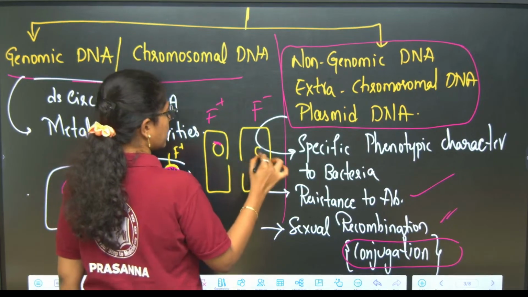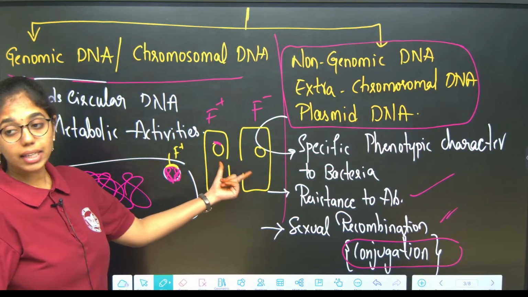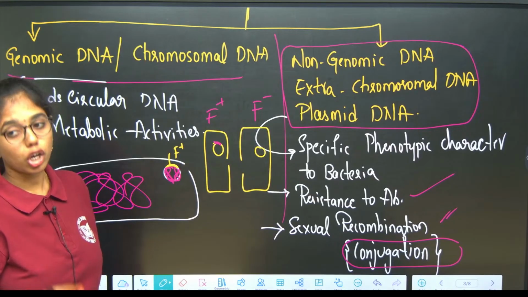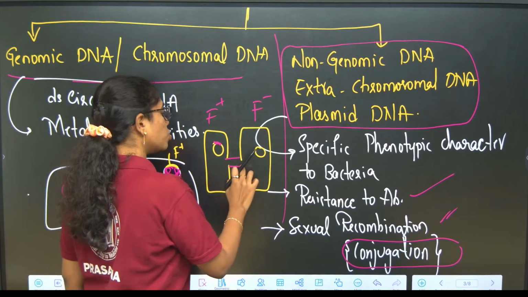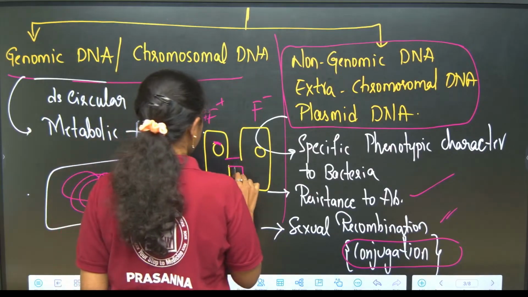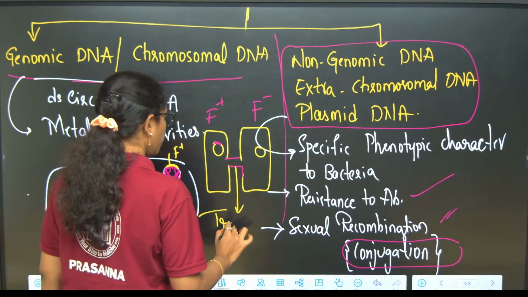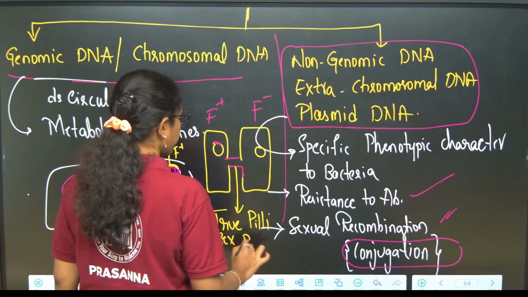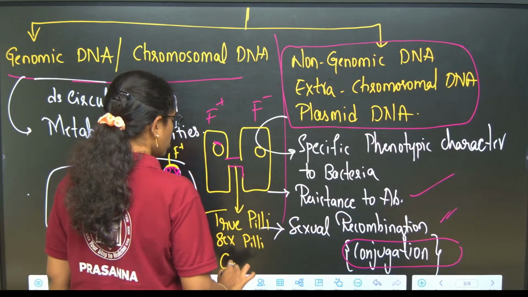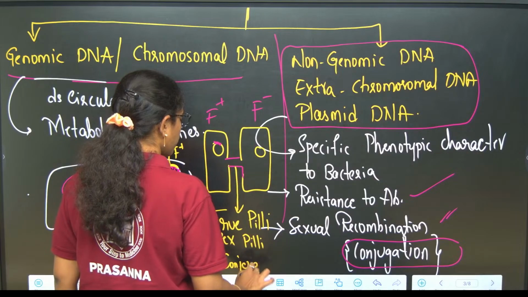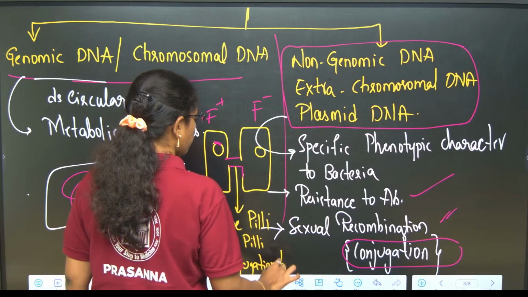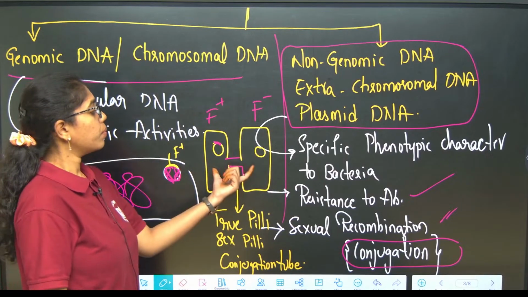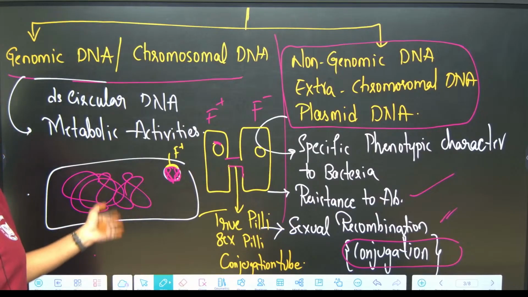These two bacteria will come into close proximity by true pili or sex pili or conjugation tube. So, a conjugation tube, true pili or sex pili is formed in between two different strains of bacteria, that is F plus and F minus.